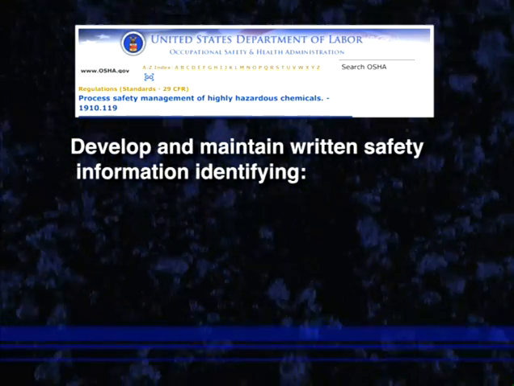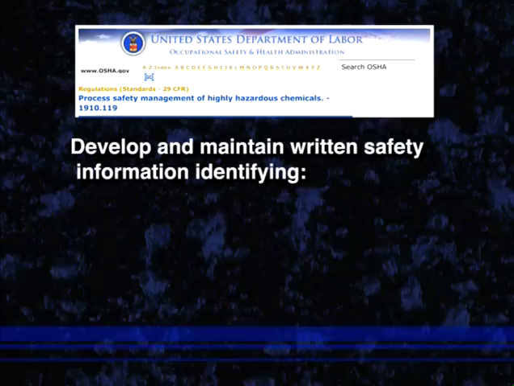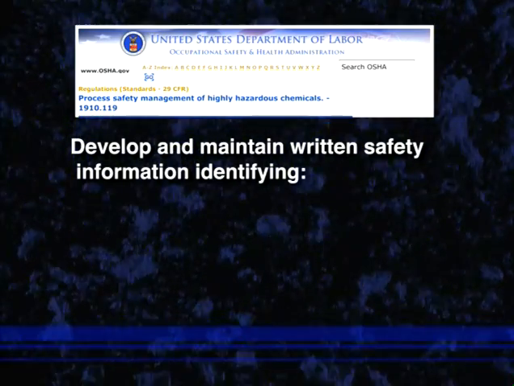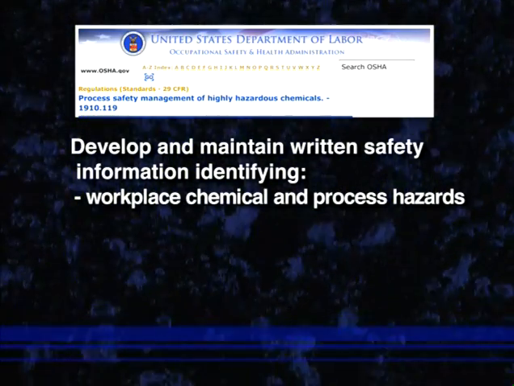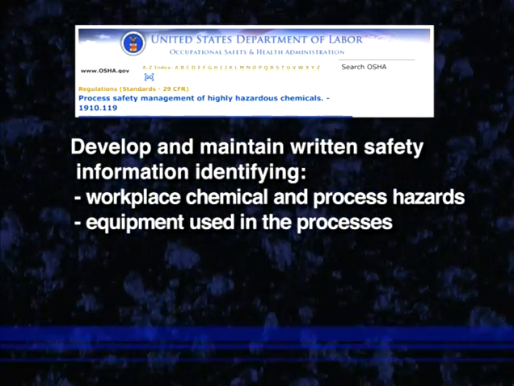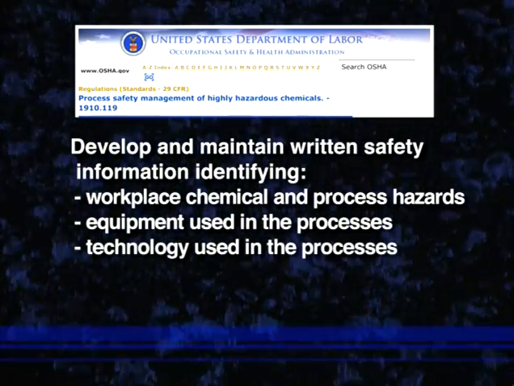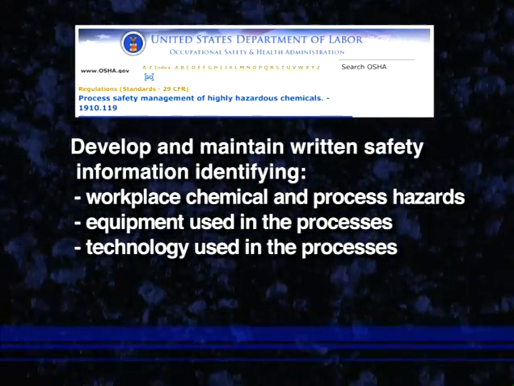The ultimate goal is to develop and maintain written safety information identifying workplace chemical and process hazards, equipment used in the processes, and technology used in the processes.